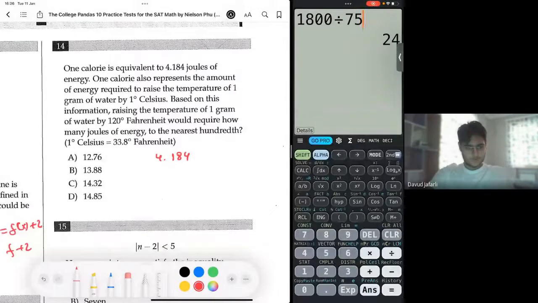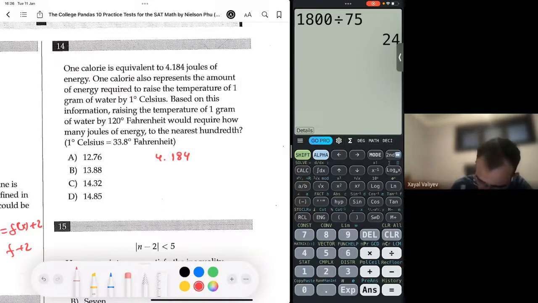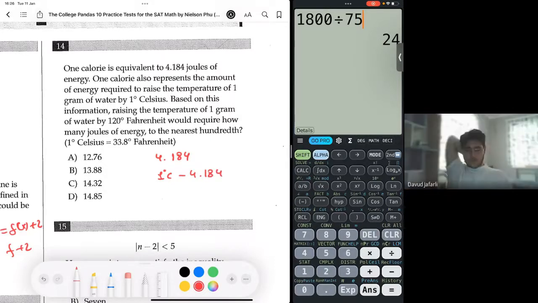Okay, let me think. We need 1 Celsius to 4.184 joules of energy. 1 calorie represents the amount of energy required to raise the temperature of 1 gram of water by 1 Celsius. Agree? Yeah.